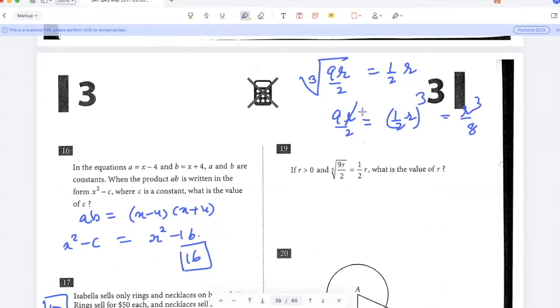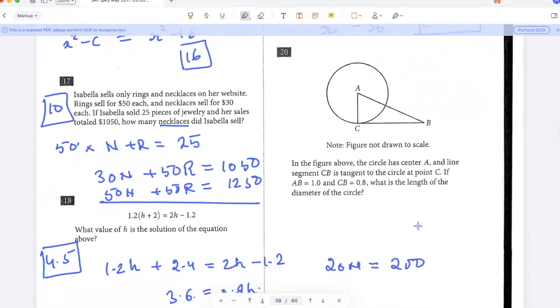And let me cancel 1R and I'll be left with a square here. And 2 cancels with this and we get 4. So 9 is R squared by 4. So R squared is 36. So R has to be 6 because it is positive.